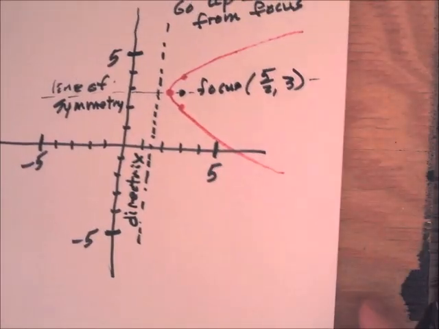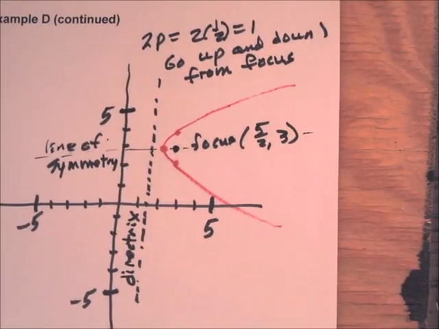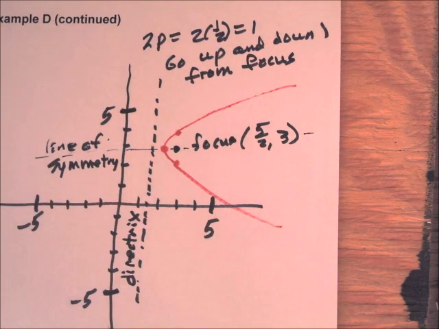Okay, so that's for some of the applications. The directrix is important, and the line of symmetry is often useful in applications.